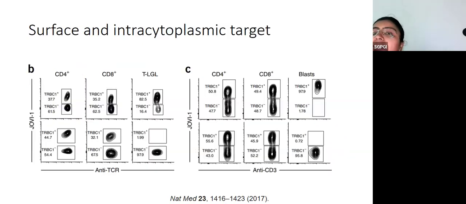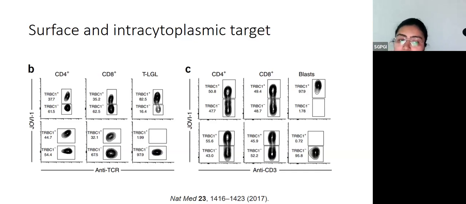So in the first paper itself, they described that TRBC1 could be used both as a surface as well as a cytoplasmic marker. On the left is an example of a TLGL. In a TLGL, you have the CD8 positive cells here, and you realize that most of them are actually TRBC1 positive. So it is not a 30-40 split or a 50-50 split.